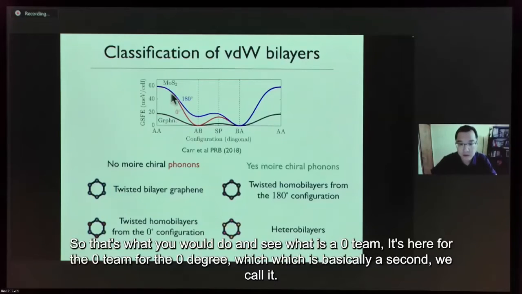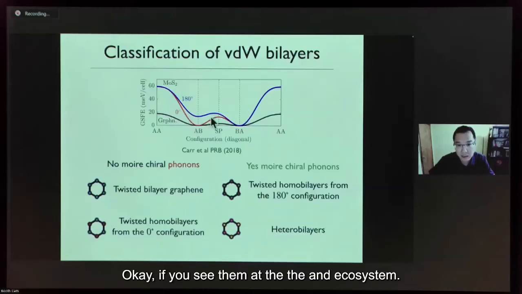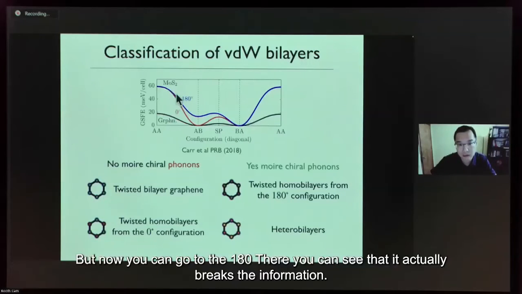For the 0 degree, which is basically the A stacking we talked about earlier, you can see that the stacking energy has an inversion symmetry, AB equals BA. But now, if you go to the 180 degree configuration, you can see that it actually breaks the inversion symmetry.